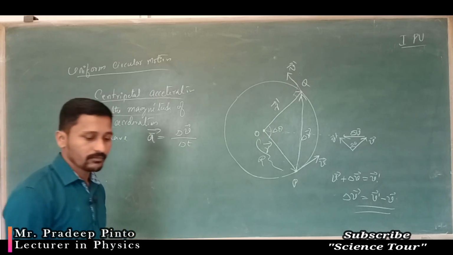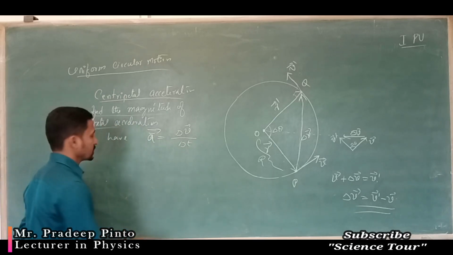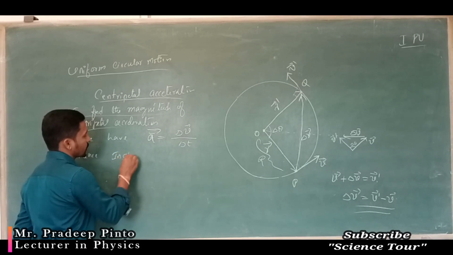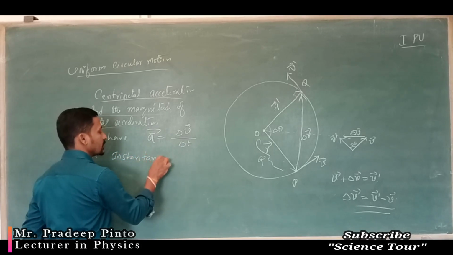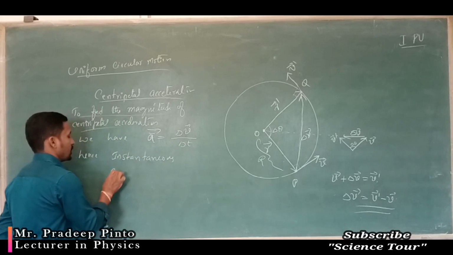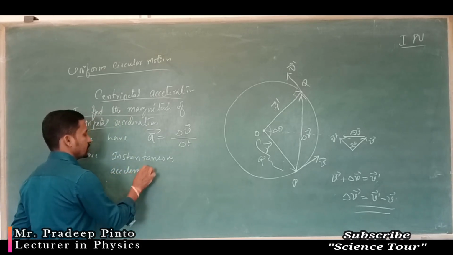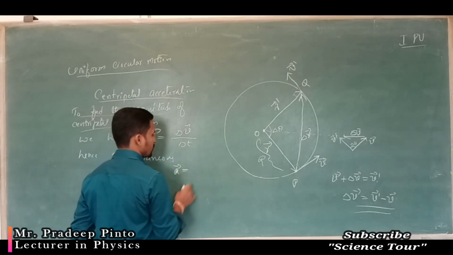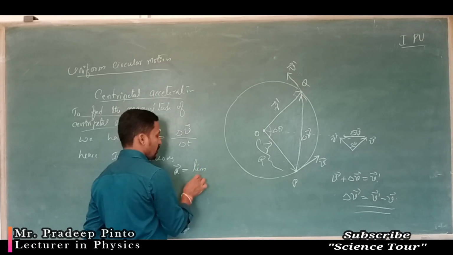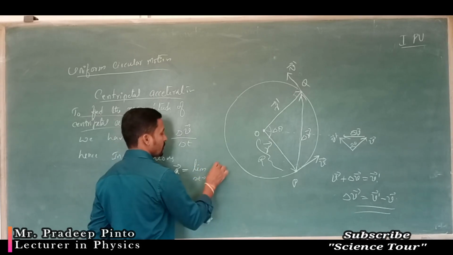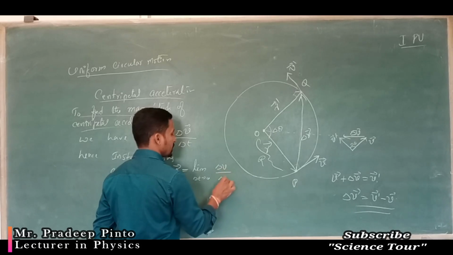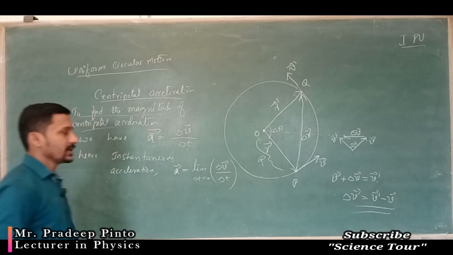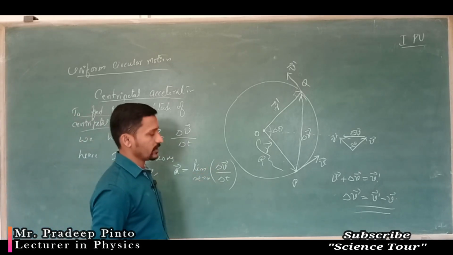So to find the magnitude of the instantaneous acceleration, the instantaneous acceleration vector a is equal to the limit of delta t tends to 0 of delta V vector by delta t. But the acceleration direction we always know, right?